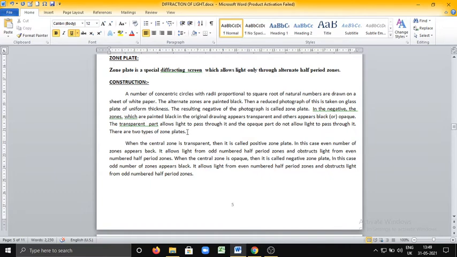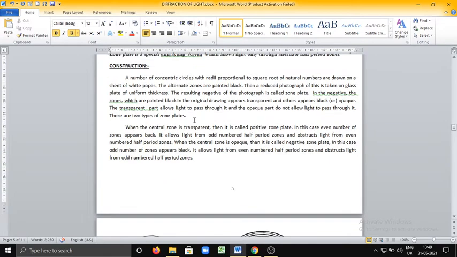The transparent part allows light to pass through it and the opaque part does not. That's why we say it is a special diffracting screen which allows light only through alternate or period zones.